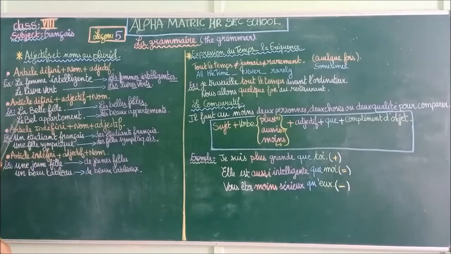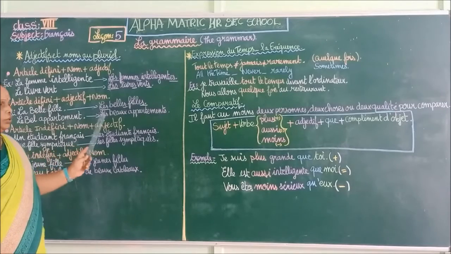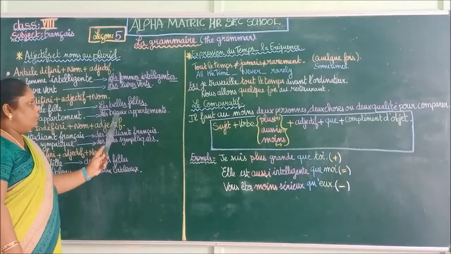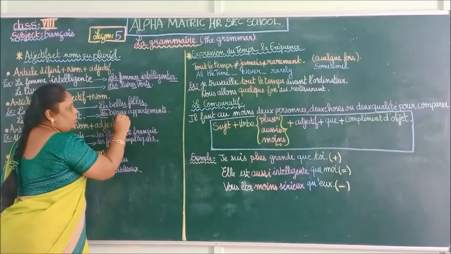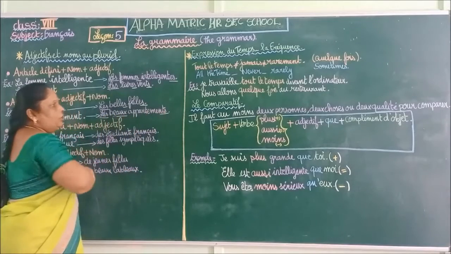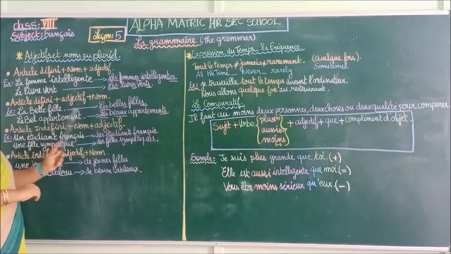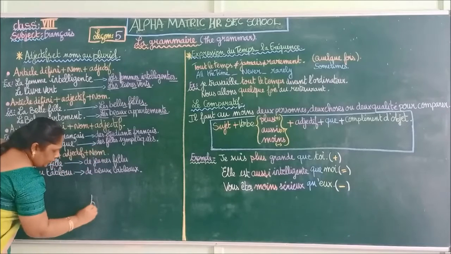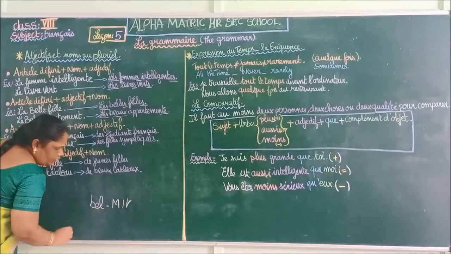So next one, le bel appartement. So bel will change into beau. Okay, les beaux appartements. So we are not going to add an S, we are going to change into beau. Okay, because we already learned that bel is for masculine and vowel.